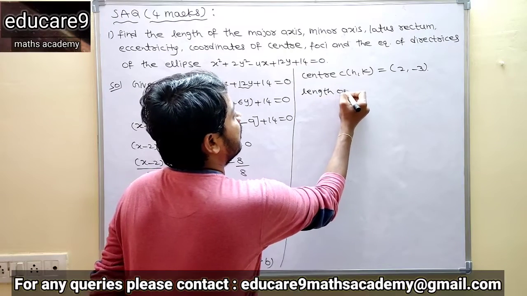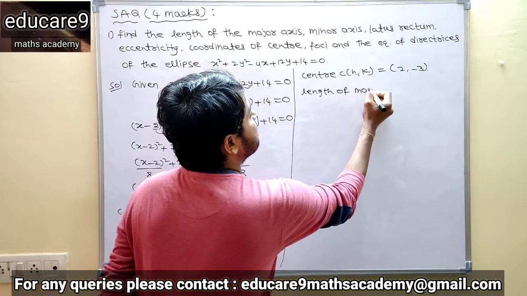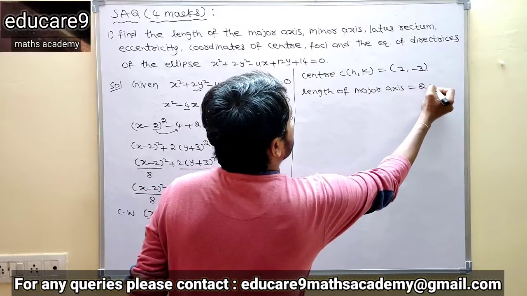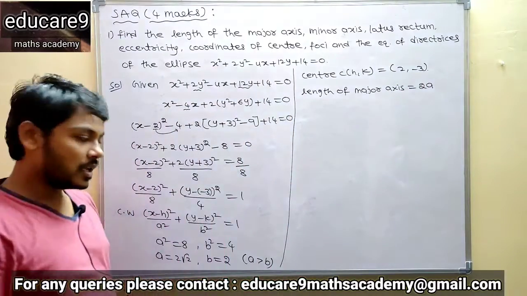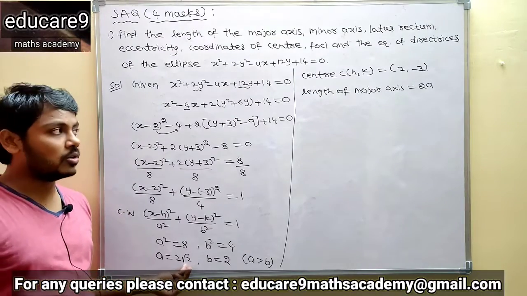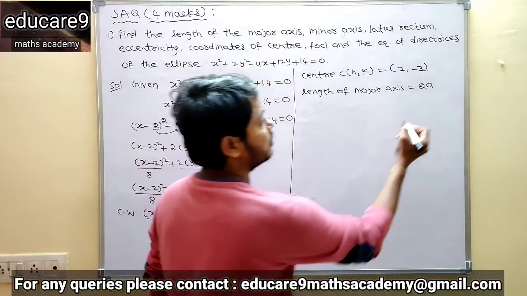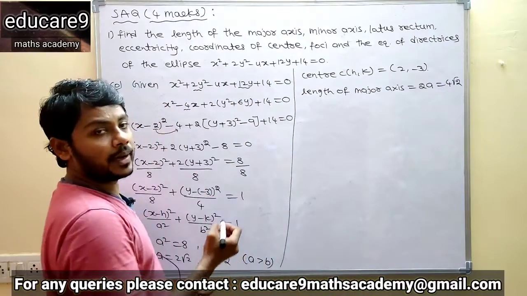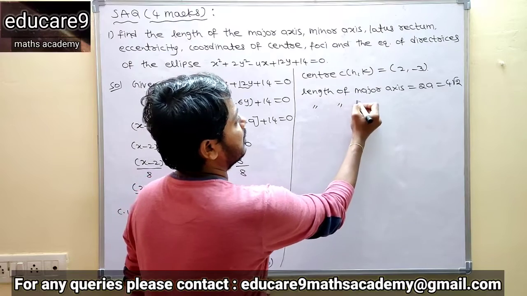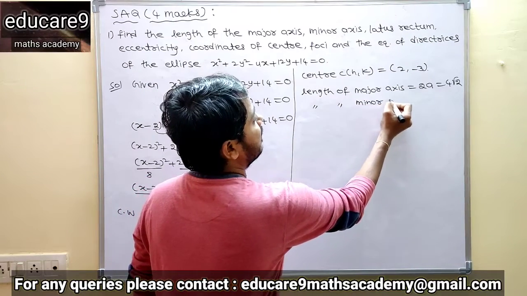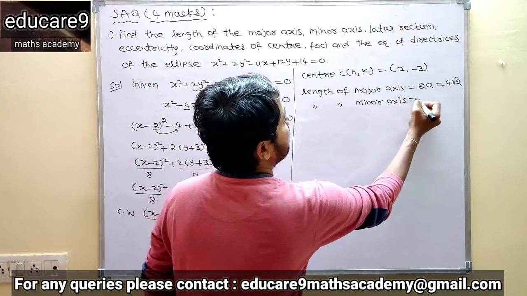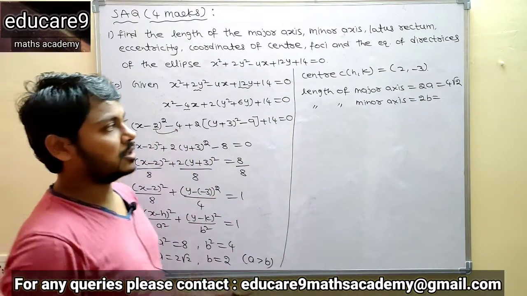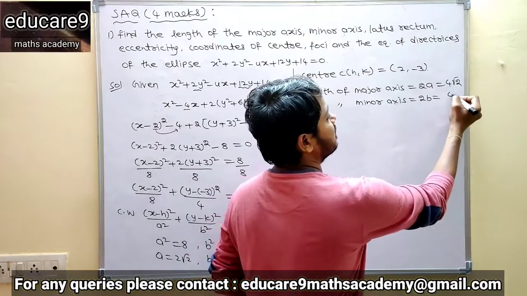That is 2a. So clearly a value is 2 root 2. So 2a is what? 4 root 2. Next, length of minor axis. That is 2b. You know the value of b, that is 2. So we will get length of minor axis is 4.